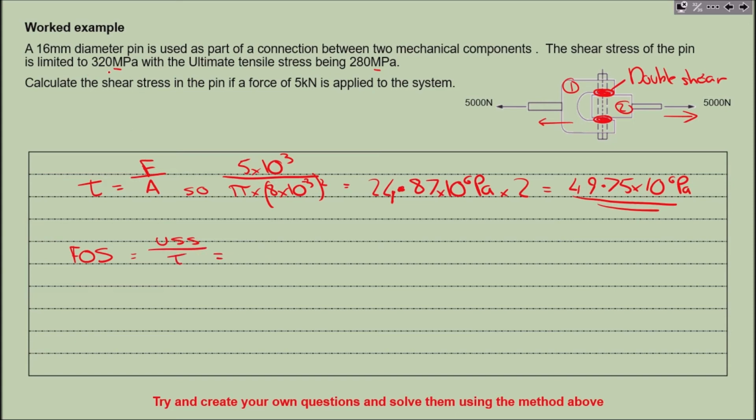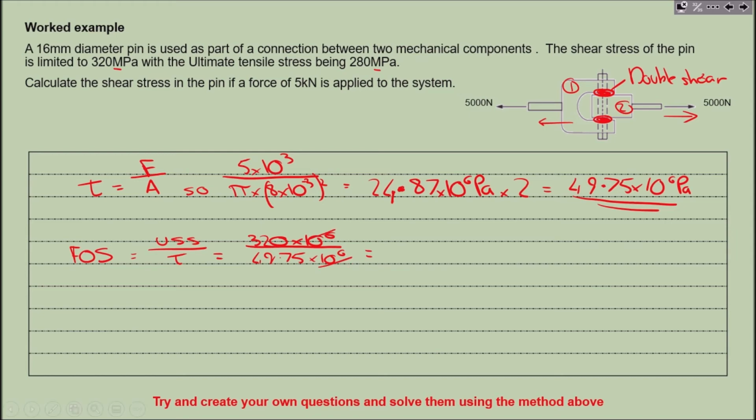So using the shear stress of the pin, we've got 320 times 10 to the 6 divided by 49.75 times 10 to the 6, and we'll get a factor of safety. There are no units in factor of safety, so these cancel each other out.